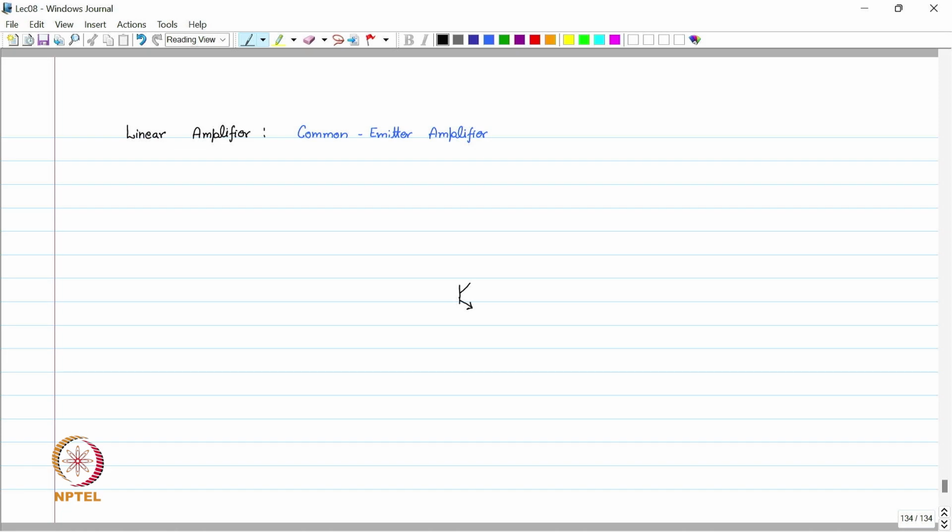So we have an NPN transistor. This has collector resistance, and emitter resistance.